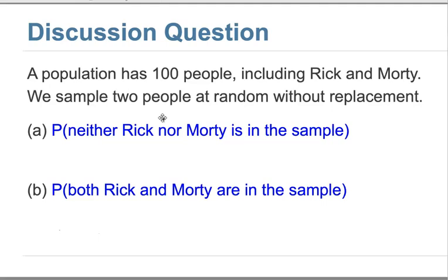That means when you draw 2 persons, they are not Rick and they are not Morty. What is the chance? The second question: the 2 persons you choose are exactly Rick and Morty. What is the chance? Please pause the video, then I will give you the answer.